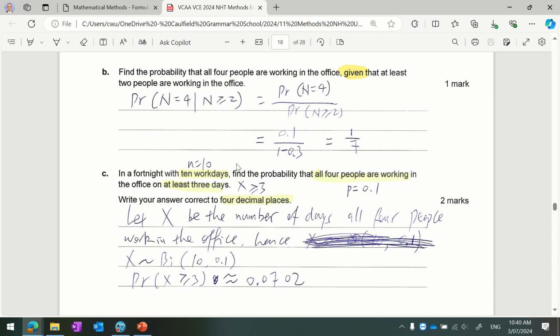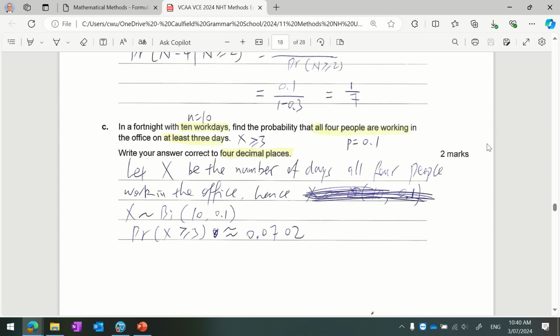It's binomial because it's got a certain amount of trials, and the probability of success on each trial does not change. And we have a certain amount of successes that we are trying to achieve. So to do this, and it's a 2-mark question, you need to write some working out, which means you need to define a new variable because it's a binomial variable.